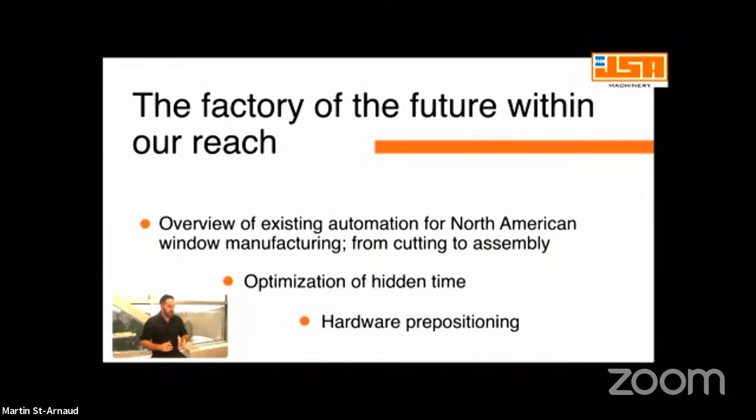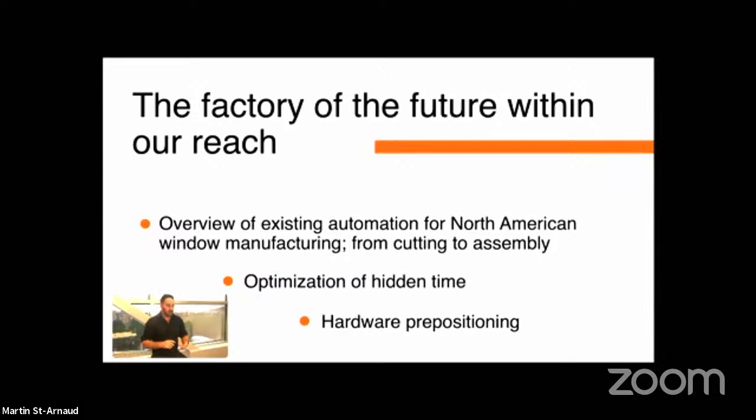So first step, if we're looking at what we're going to be viewing today: overview of existing automation for North American window manufacturing from cutting to assembly. This also applies to patio doors.